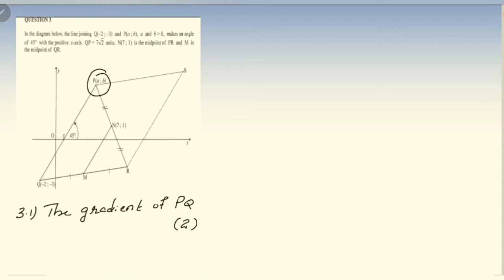We use the angle of inclination because gradient is involved in that formula. What is that formula? m is equal to tan theta, where theta is the angle of inclination. So the gradient is equal to tan 45 degrees. Tan 45 degrees is 1. Therefore, the gradient of PQ is equal to 1.